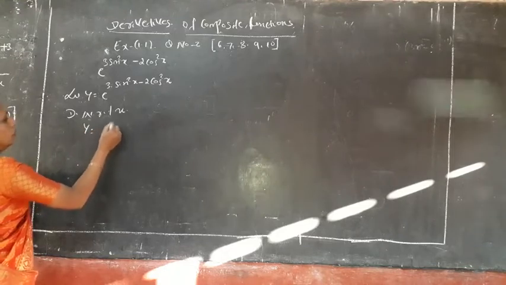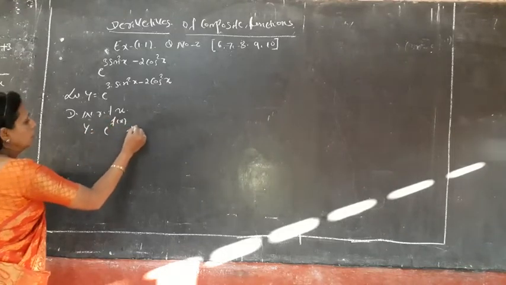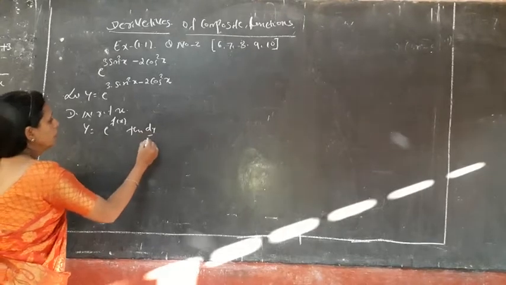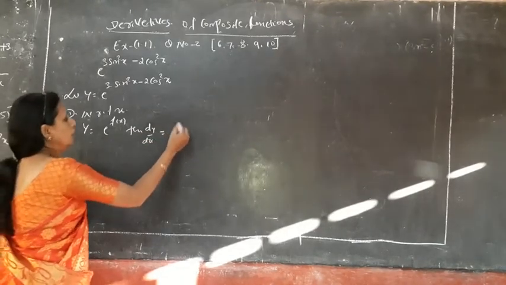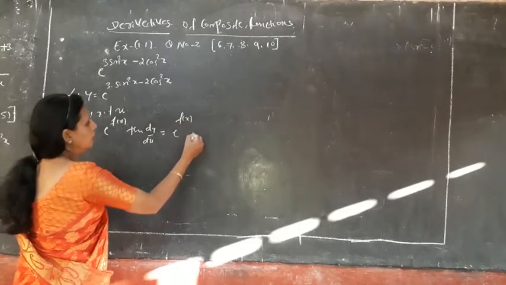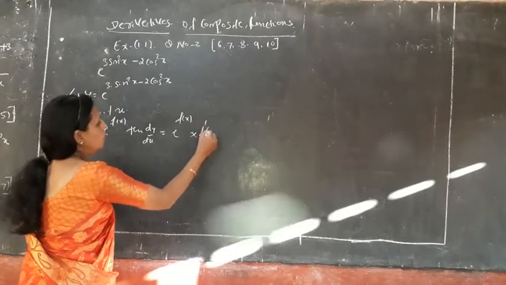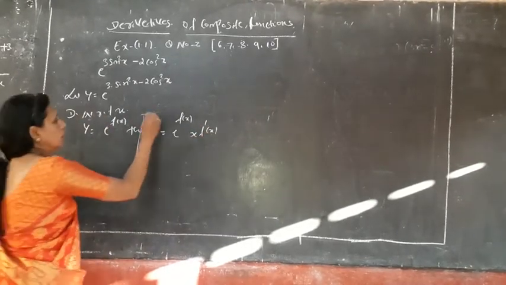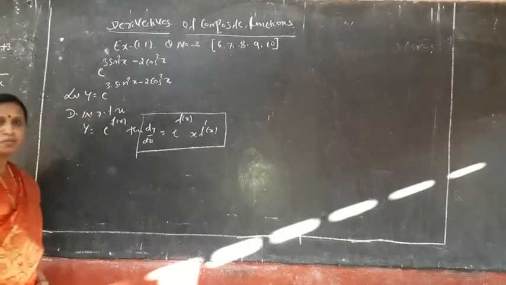If y equal to e raised to f of x, then dy upon dx equal to e raised to f of x into f dash of x. This is the formula.